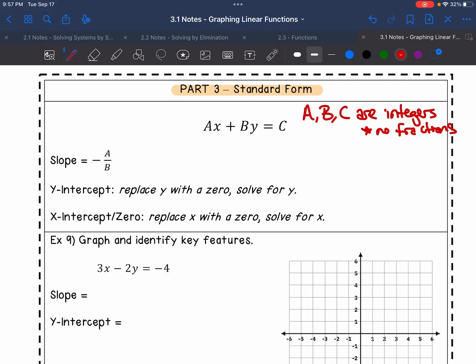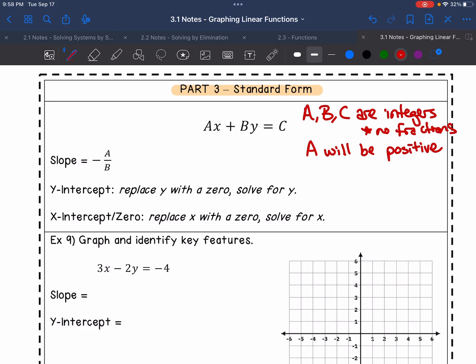And then usually a is positive. Different textbooks do different things, but most of the time they want that x to be positive when they're doing this, right?